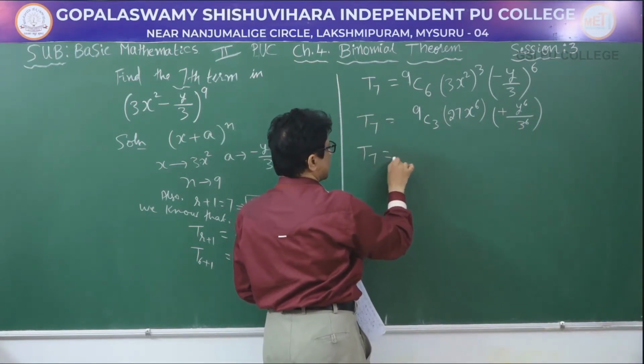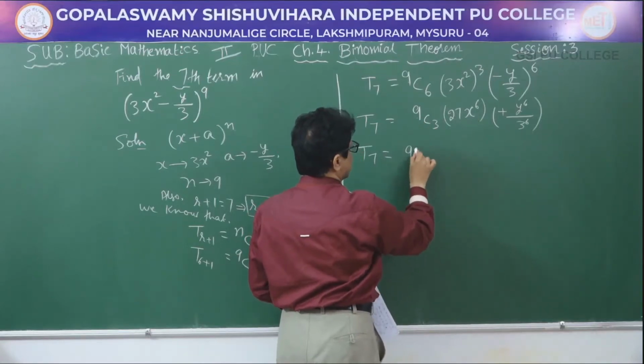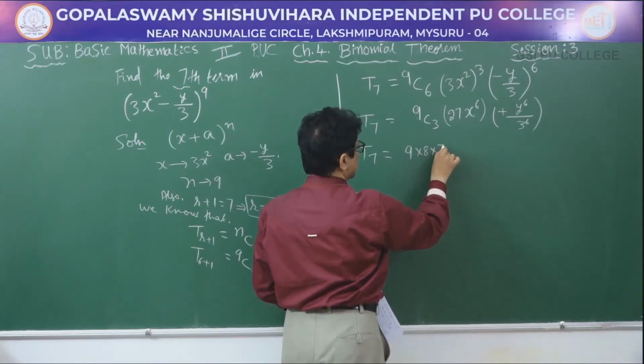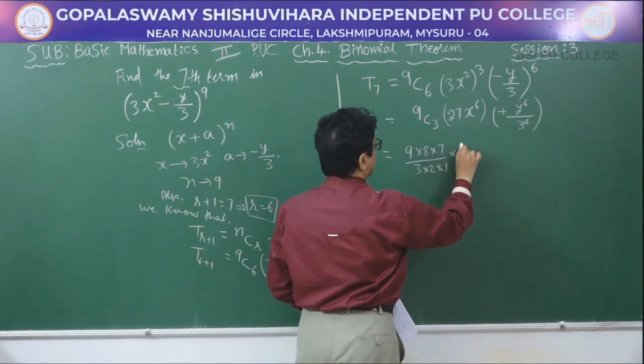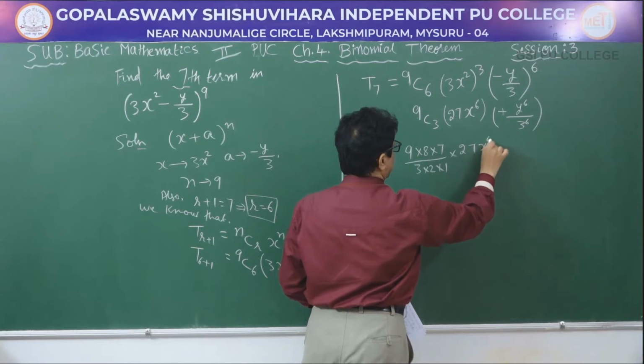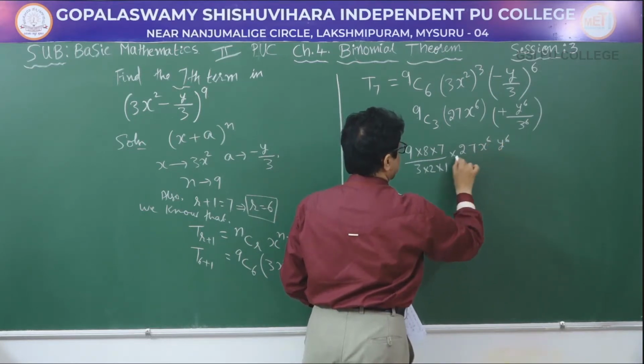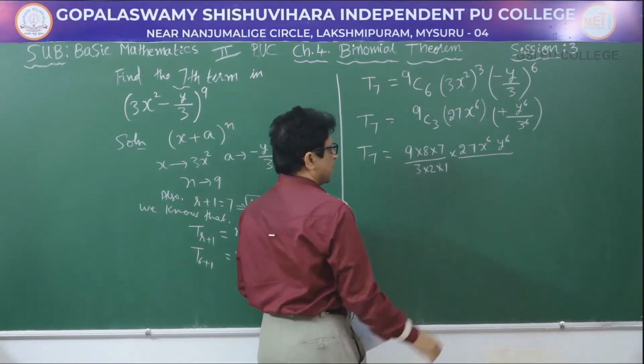So, T7 is equal to 9C3 is 9 into 8 into 7 divided by 3 into 2 into 1 into 27 x power 6 y power 6 by 3 power 6.